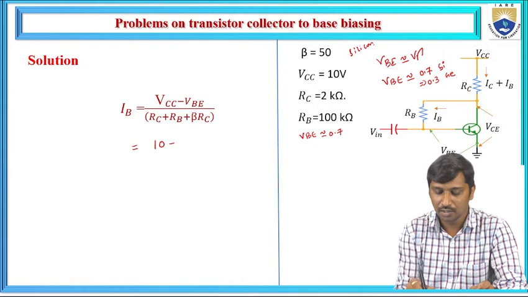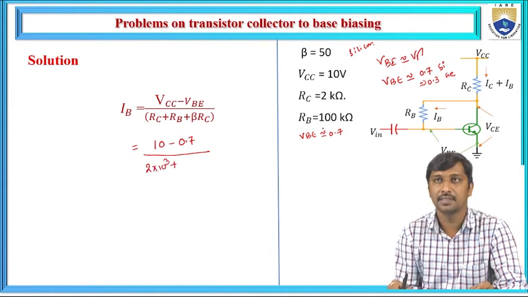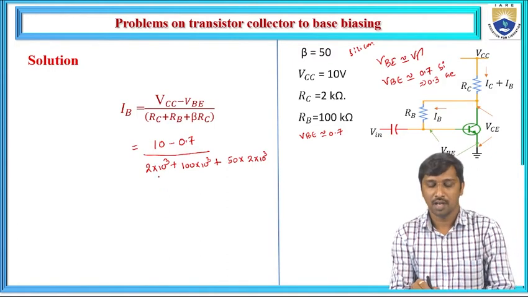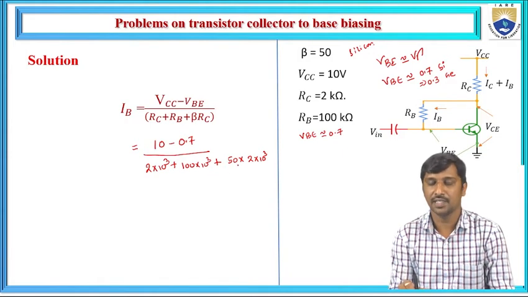Hence, IB is equal to 10 minus 0.7 divided by the collector resistance of 2 kilo ohms, that is 2 into 10 to the power 3, plus RB of 100 kilo ohms, that is 100 into 10 to the power 3, plus beta of 50 times RC of 2 kilo ohms, again 2 into 10 to the power 3.